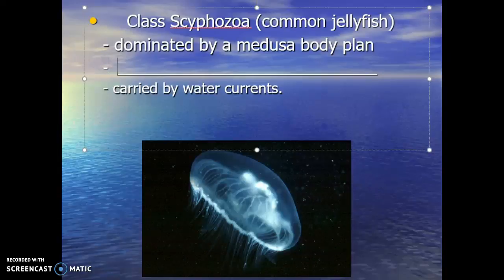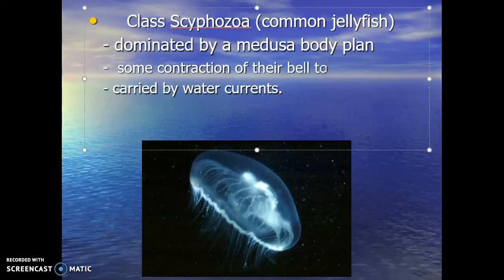And what we'll see is there's some mobility to them, but a lot of times they're just carried around and kind of drifting in the water currents, with some contraction of that bell structure, this kind of rhythmic pulsing to produce some movement in them.